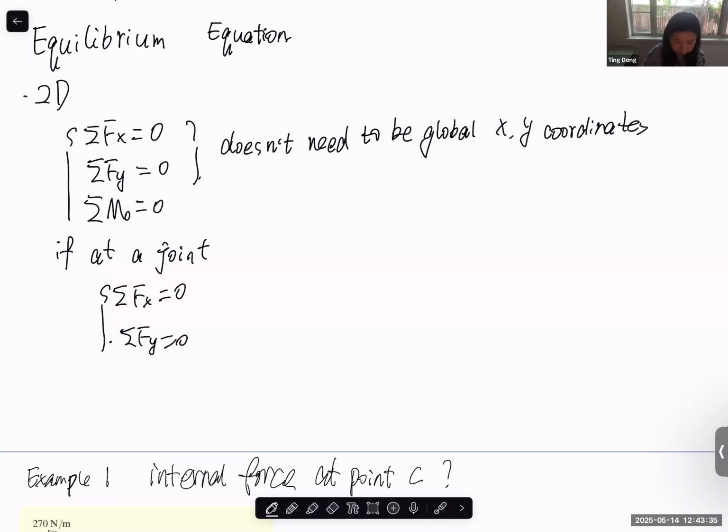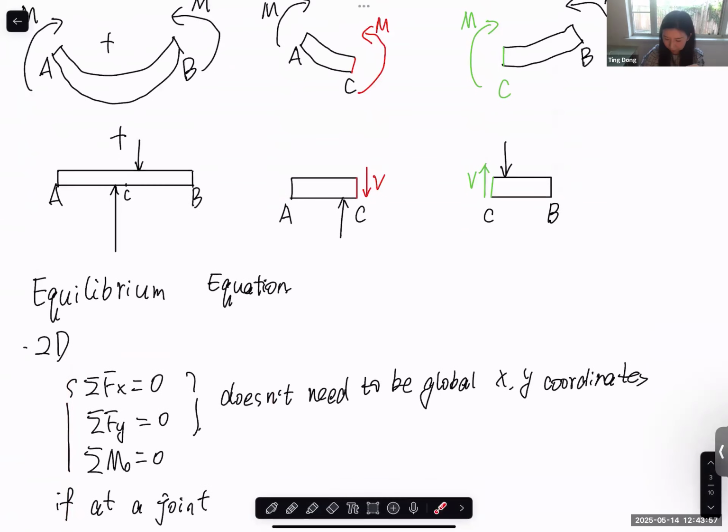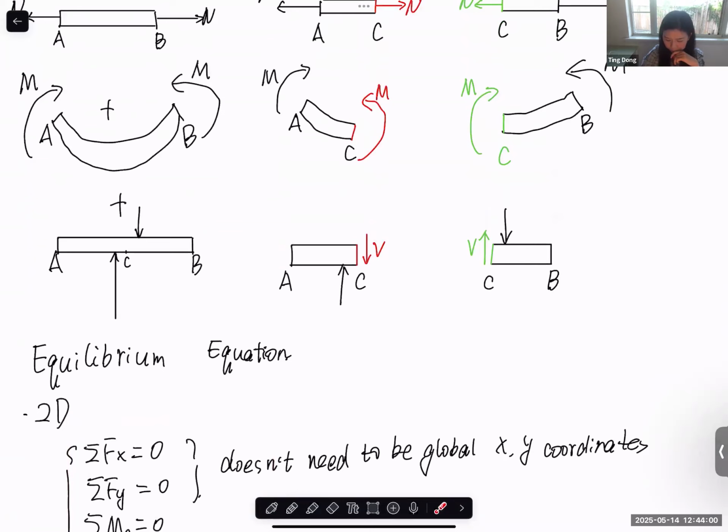One thing I want to emphasize here: after we separate the body from the boundary coordination, when we write this equilibrium equation, all the force should follow the coordinates for the calculation. So now, let's say we want to calculate everything on this section at this C point, and we use this section for calculation.